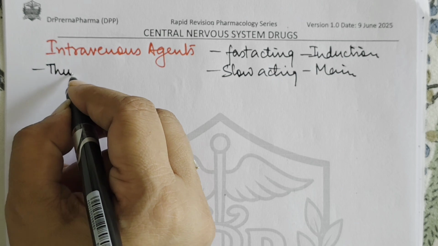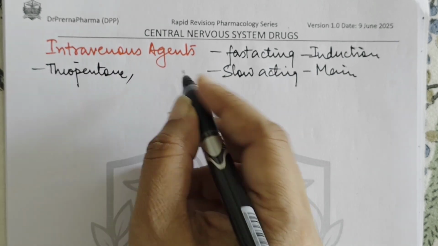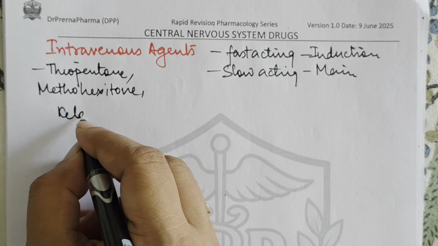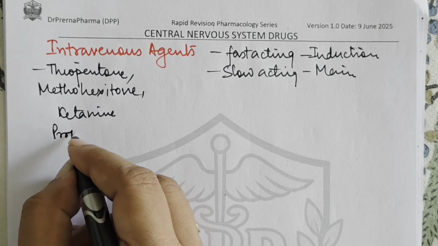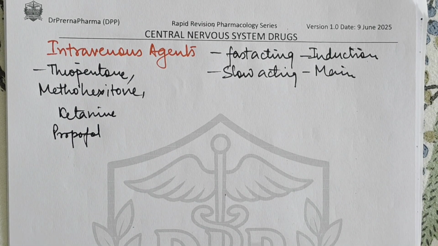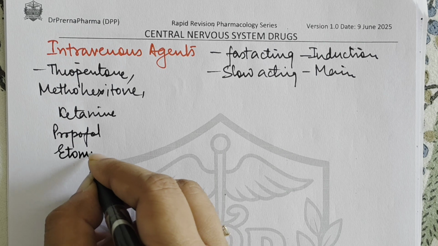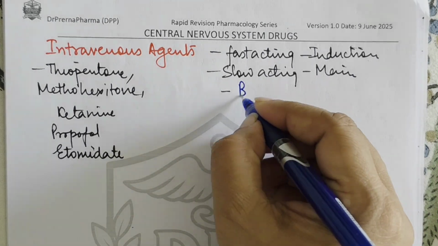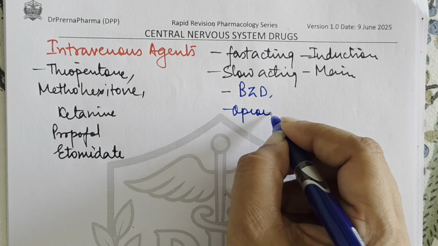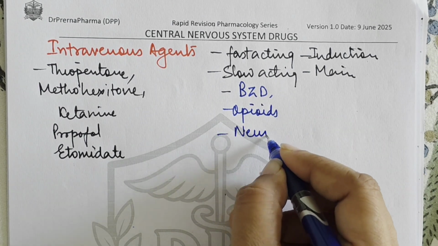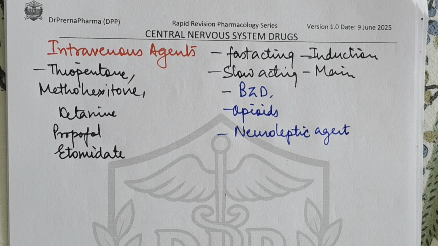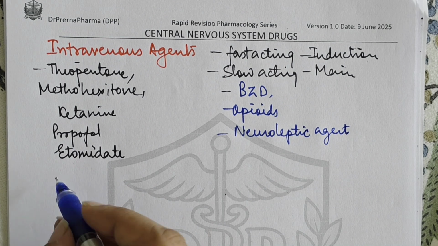So in this, the drugs that we have are thiopentone, methohexitone, ketamine, propofol, etomidate. These are the fast ones, and in the slow ones we have BZDs, benzodiazepines, then opioids, then some neuroleptic agents, okay, like droperidol. So these are the slow acting agents. Okay, so let's complete one by one.